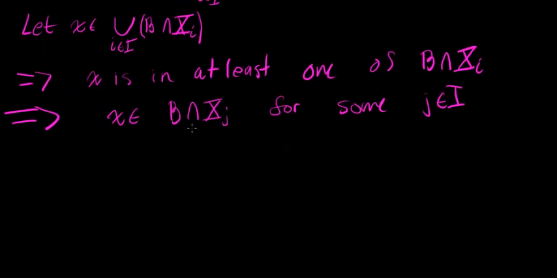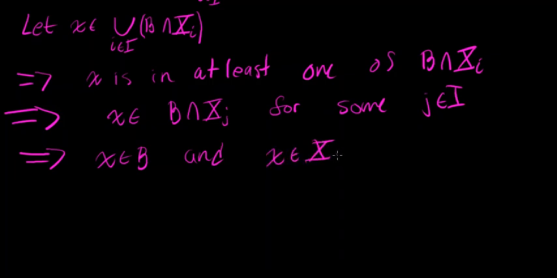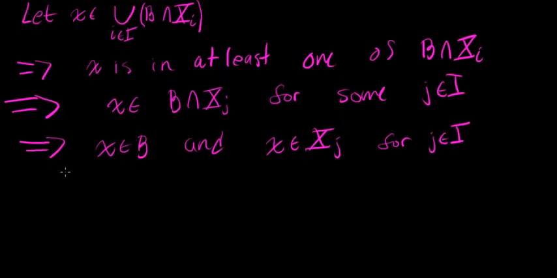And if x is in B intersect x sub j, then by the definition of set intersection, x is in B and x is in x sub j for some j in our index set I. Let's first think about what this statement means.